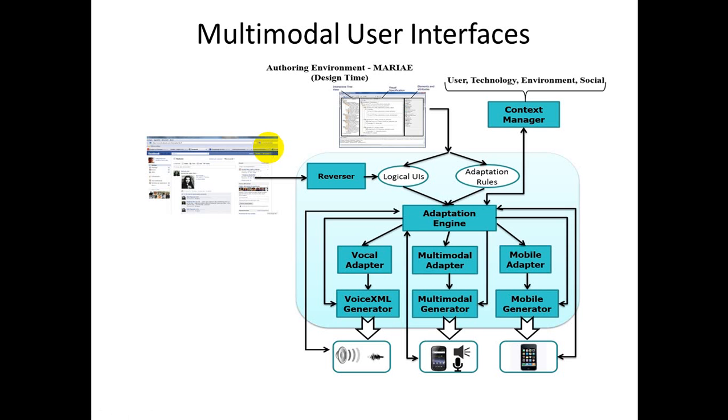Then the adaptation engine receives the description of the user interface and the possible adaptation rules. The description of the user interface can be obtained through the authoring environment at design time or generated automatically through reverse engineering tools at runtime.